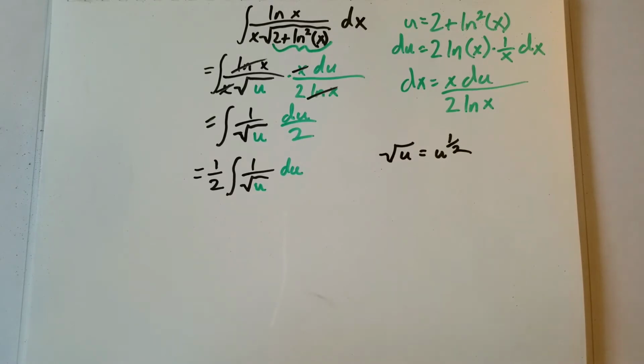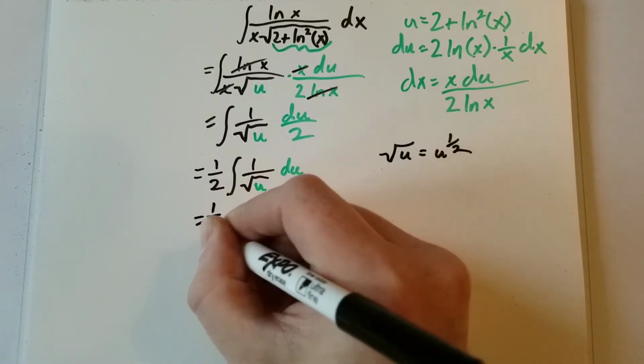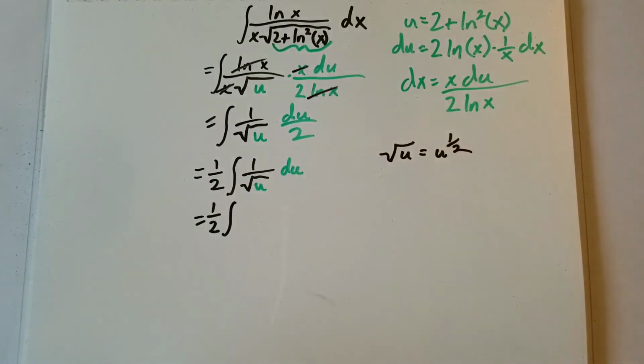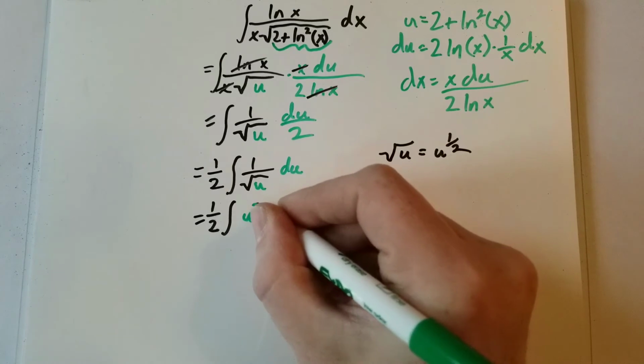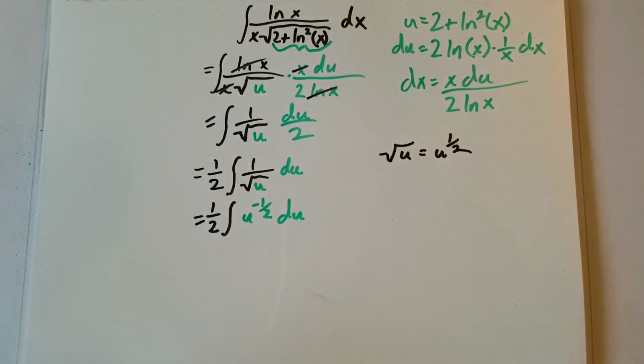So let's do that next. So we have this equals 1/2 times the integral of u to the negative 1/2 du. Now all that's left is just taking the integral of u to the negative 1/2.